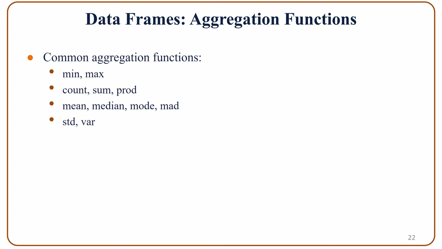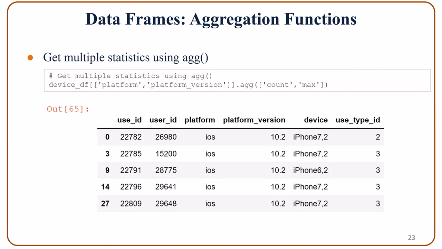We talk a little bit about aggregation functions. There are common aggregation functions such as min, max, count, sum, mean, median, and mode. std for standard deviation, and var for variance. And you can get multiple statistics using agg for aggregation.